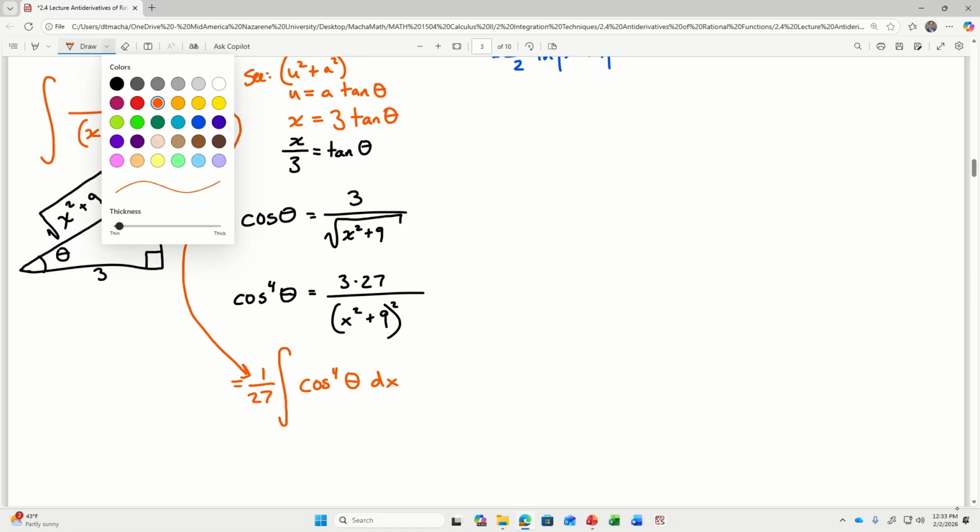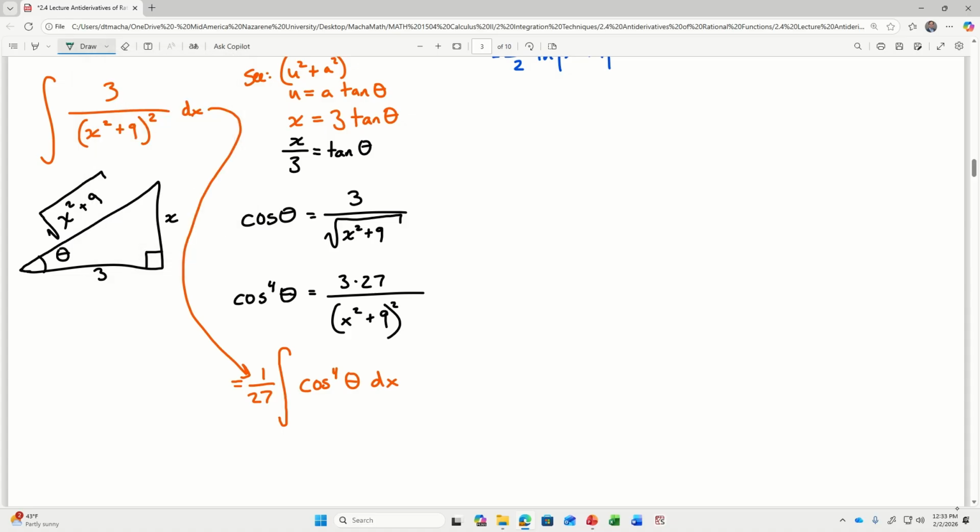Okay. I have a really bad habit of forgetting to do this, so make sure you don't forget to do this. I still need to take care of this dx. And so to take care of this dx, we've got to go back here.